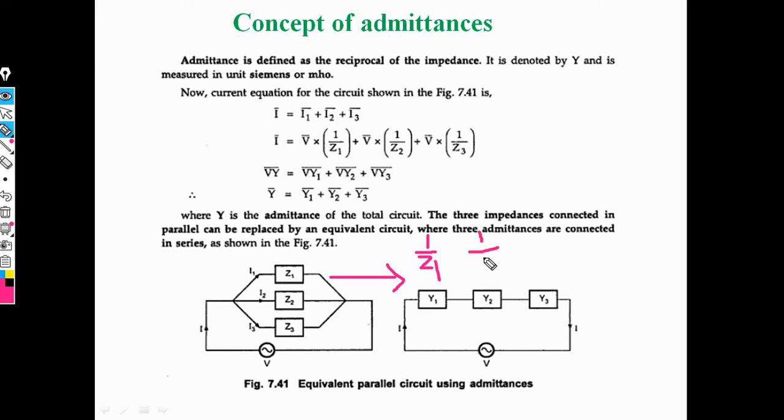Then 1 upon Z2, then 1 upon Z3. Now this is the concept of parallel impedance and series admittance. This is the last point in unit number 3, the concept of admittances.